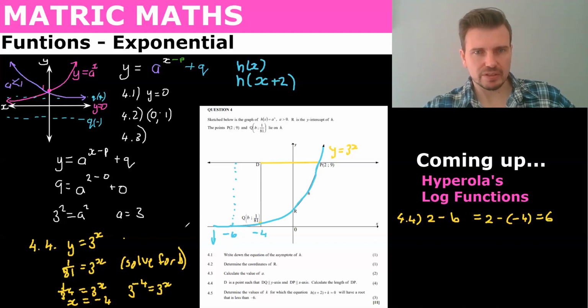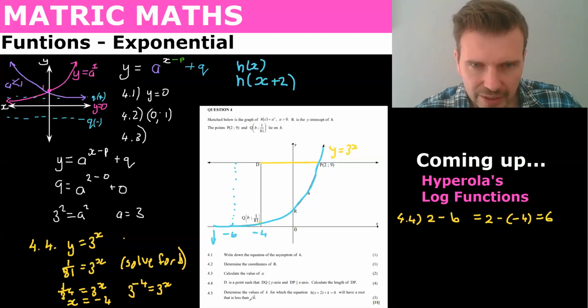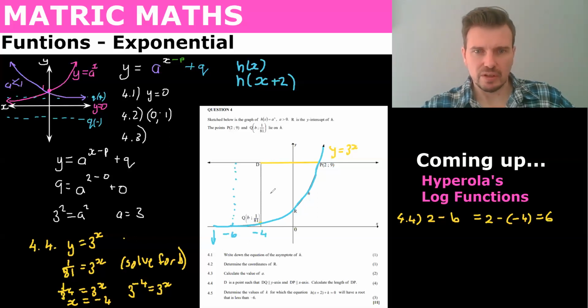And do you see that it's going all the way to negative infinity? So as soon as I shifted it down, I would have a root that would be less than -6, which is what they want. So I know that I just need to shift it down.